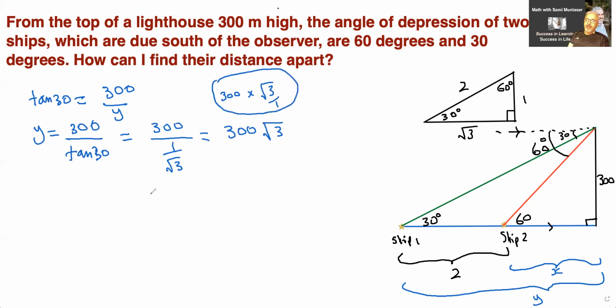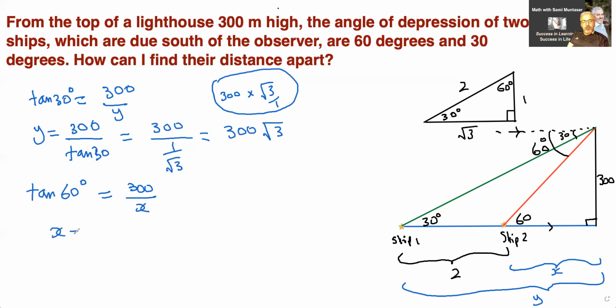Now, how about the 60? We want to find x. So if we want to find x, then we do tan 60 degrees equals 300 over x. Again, the same thing, exchange or switch them.